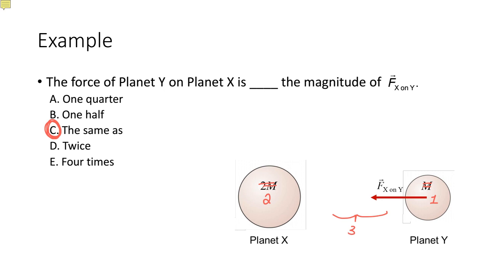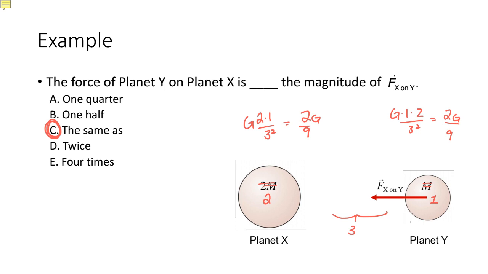If we were to calculate the force of gravity on planet X, we would have G times 2 times 1 over the distance between them squared, which would be 2/9 G. If we took a look at planet Y, we would also get G times 1 times 2 over 3 squared, which would give us 2G over 9.